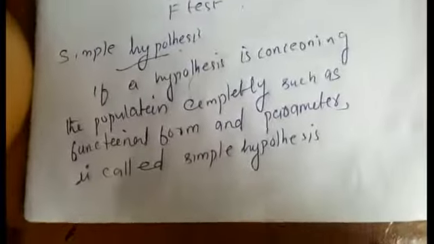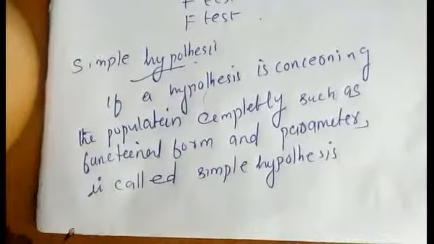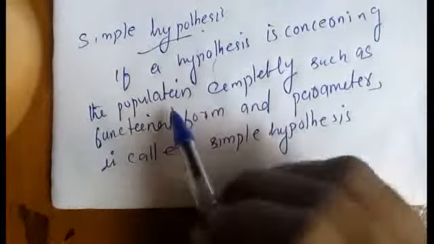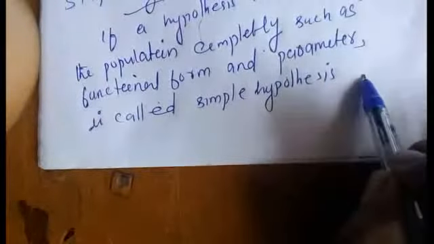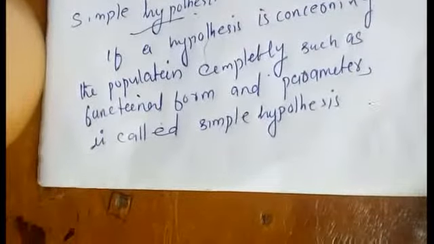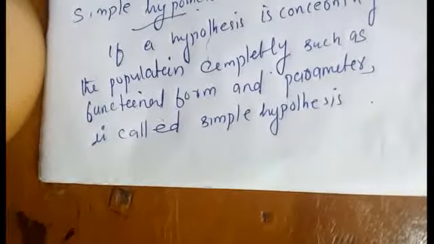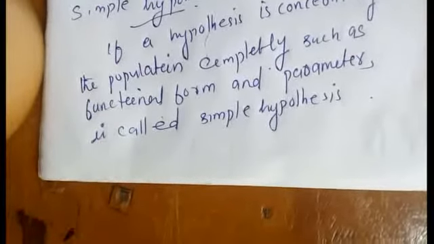The next term is simple hypothesis. A simple hypothesis is defined as a hypothesis concerning the population completely, such as functional form and parameter. A simple hypothesis reflects a relation between two variables.